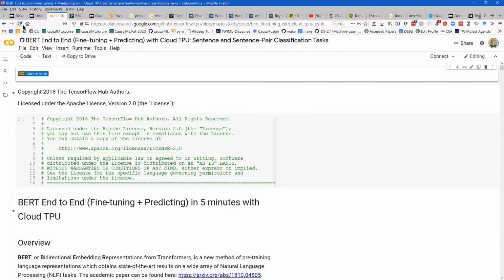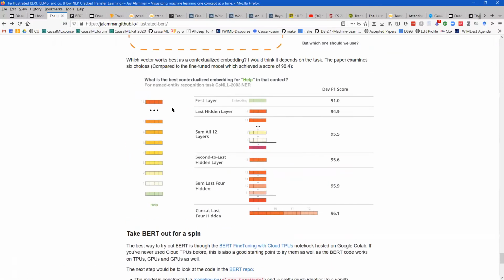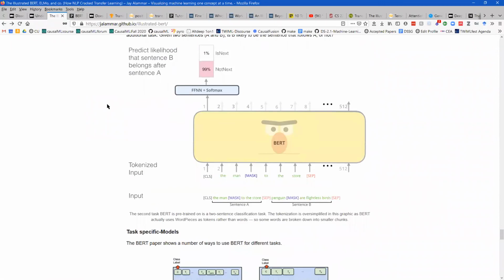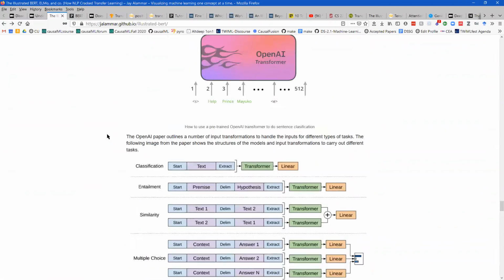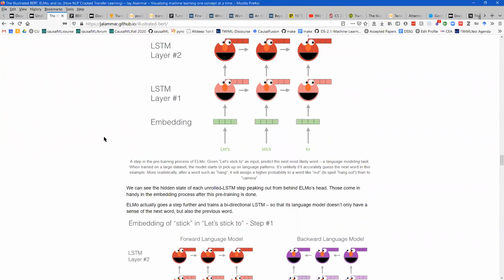I'll post the notebook that Jay Alammar points to on Slack, but remember that was the good place to go 2 years ago. There might be a better notebook now. Tentatively we'll look at that one unless we can come up with better suggestions. All right, everyone. We'll see you next time then.